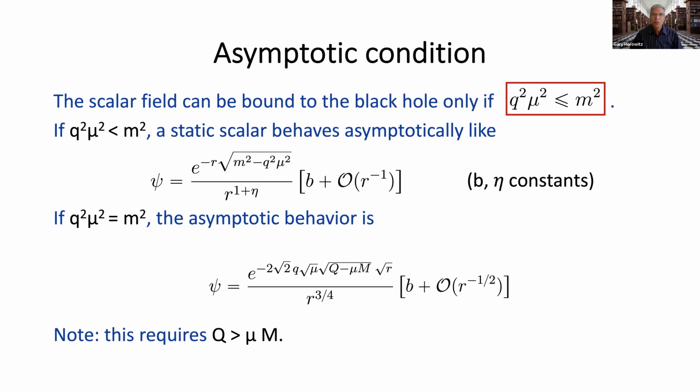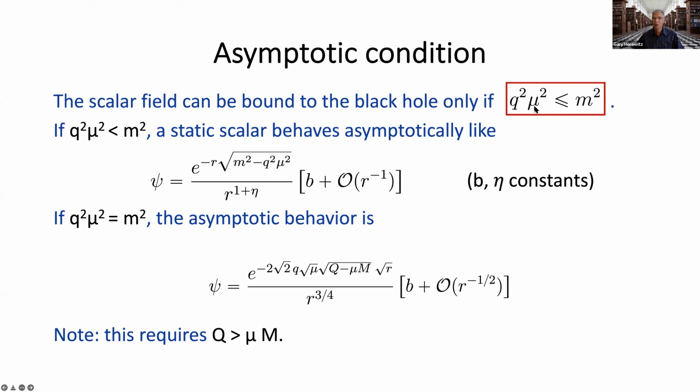Okay, now in order for this theory to have scalar hair, in order for the scalar field to be bound to the black hole, a certain asymptotic condition has to be satisfied. And that is that the charge and mass of the scalar field must be related to this asymptotic value of the electrostatic potential, mu, in this way.